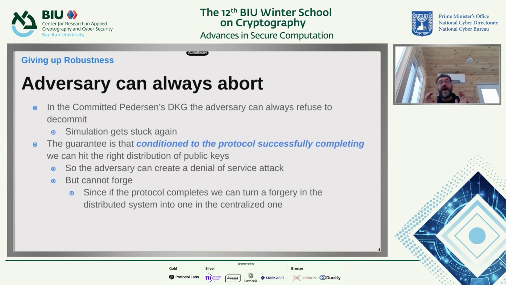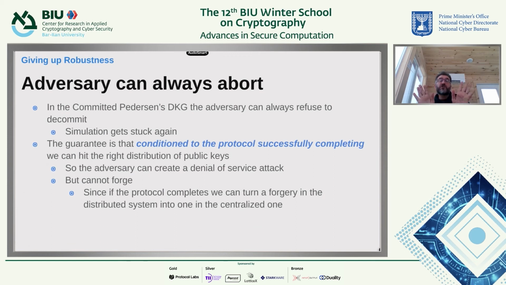So now if we accept a protocol that does not successfully complete, then we're going to be able to hit the right distribution. So the security guarantee here is that we're going to give up robustness. So here if the protocol completes, then we hit the right value and we show that it's unforgeable. Or the protocol doesn't complete.